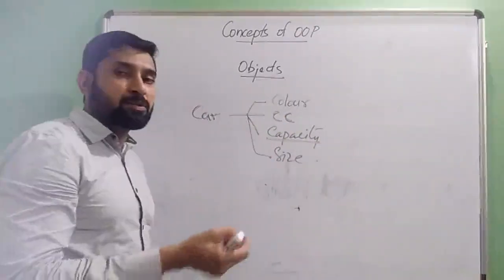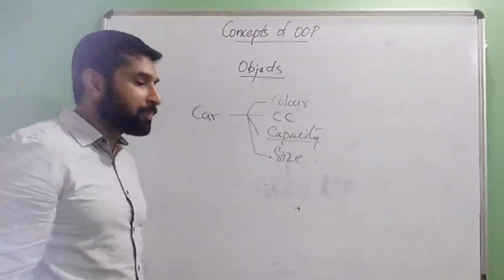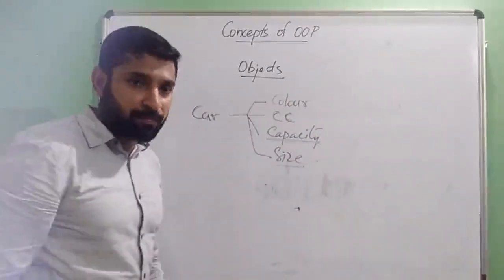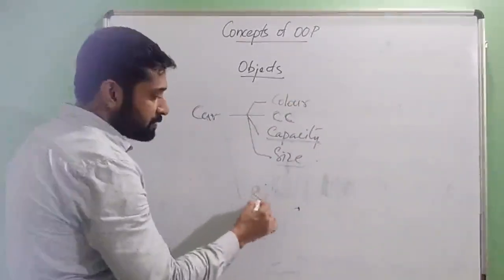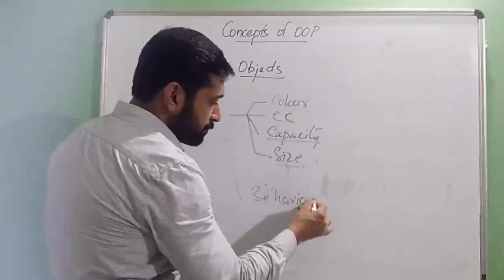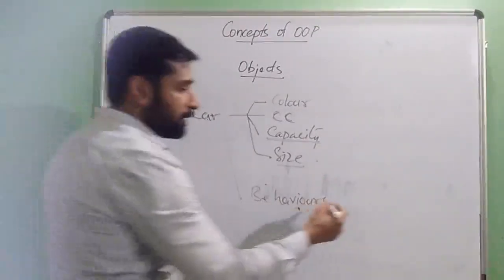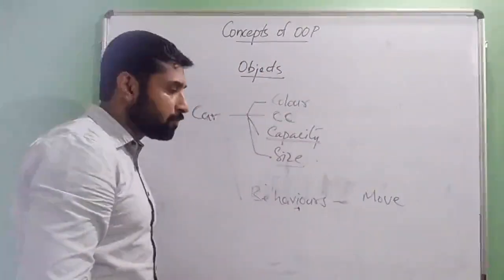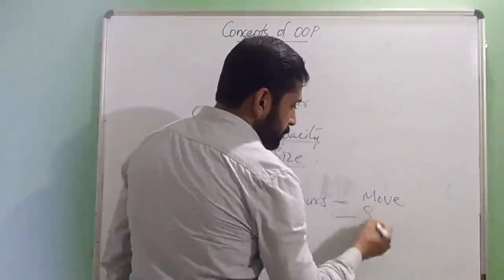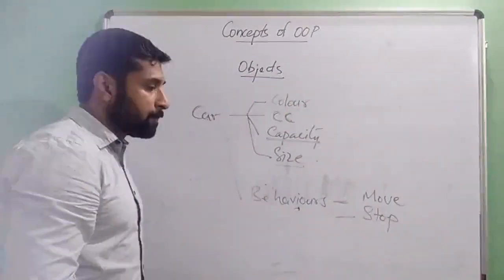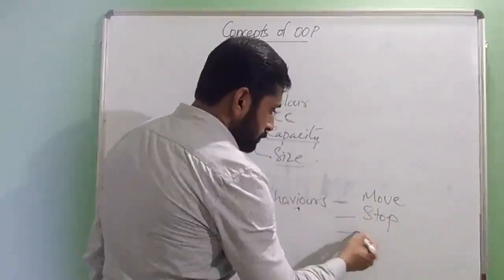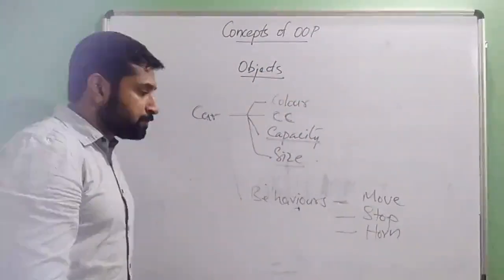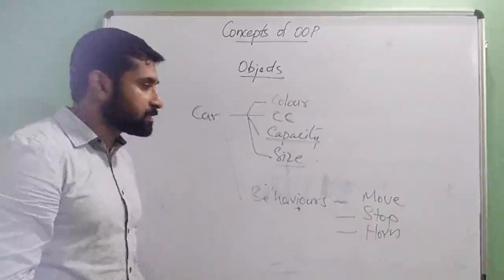The capacity to occupy persons may change. Size may change. So these are the properties. Now there are some behaviors. What are the behaviors? It can move. It can stop. Then it can blow horn. All these are behaviors.